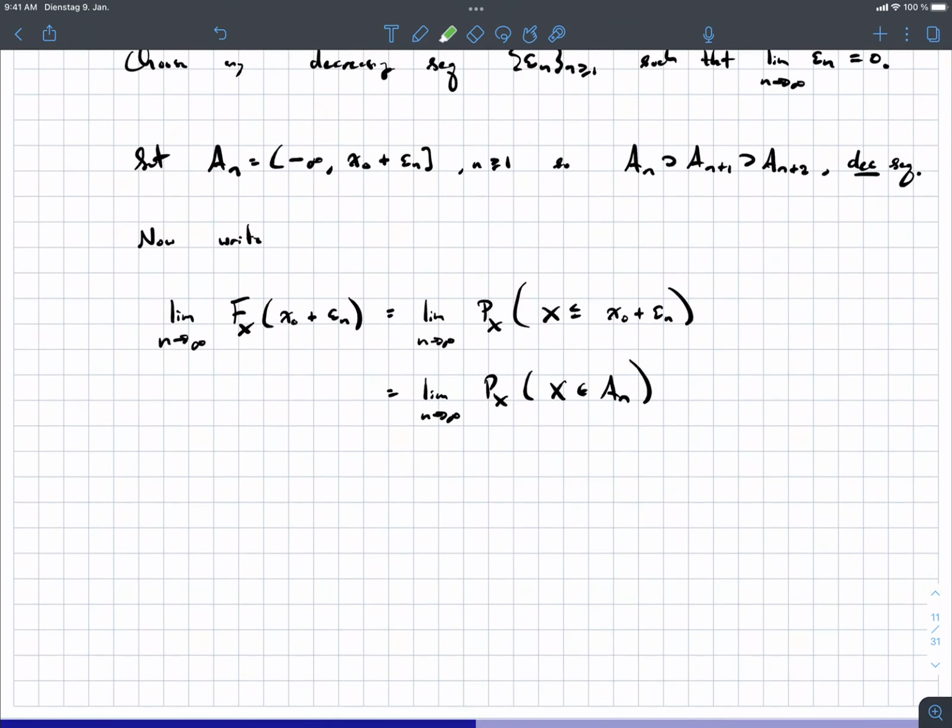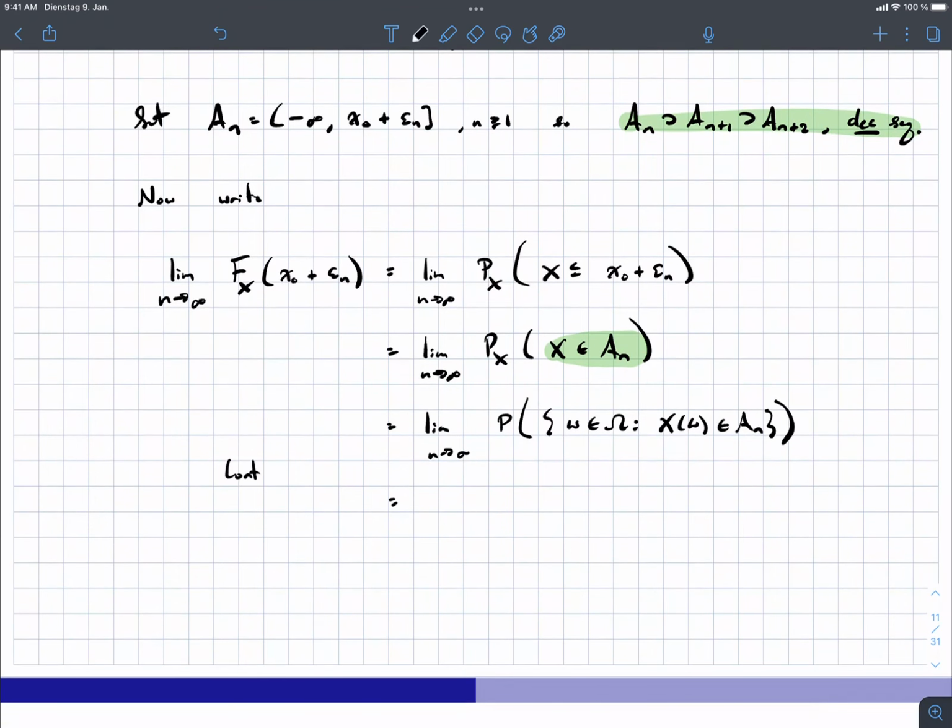And I've got this decreasing sequence. Let me go ahead and put omega. So this probability, probability that X is in the set An is the original probability function for outcomes. It's all the outcomes such that my random variable gives me a value in the set An.